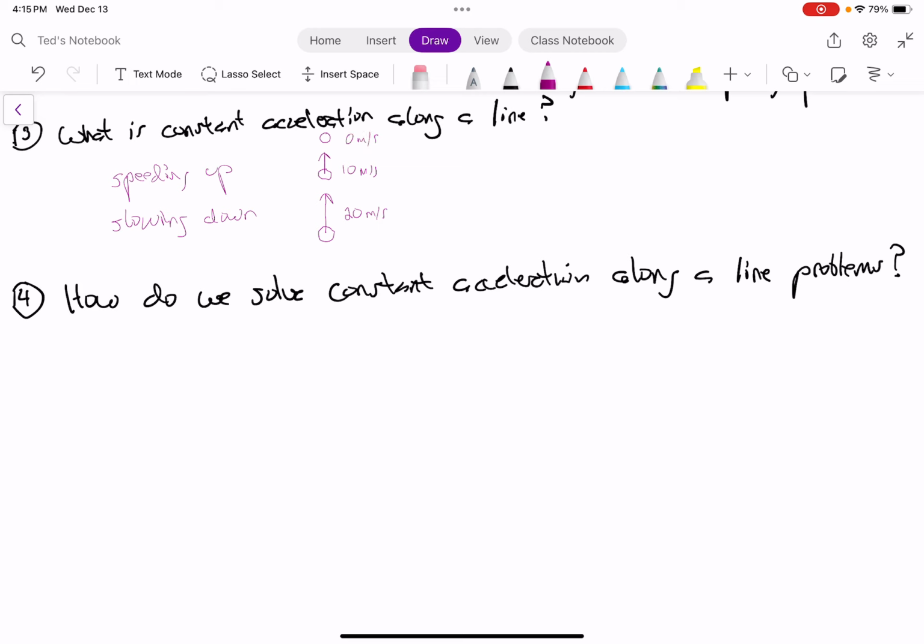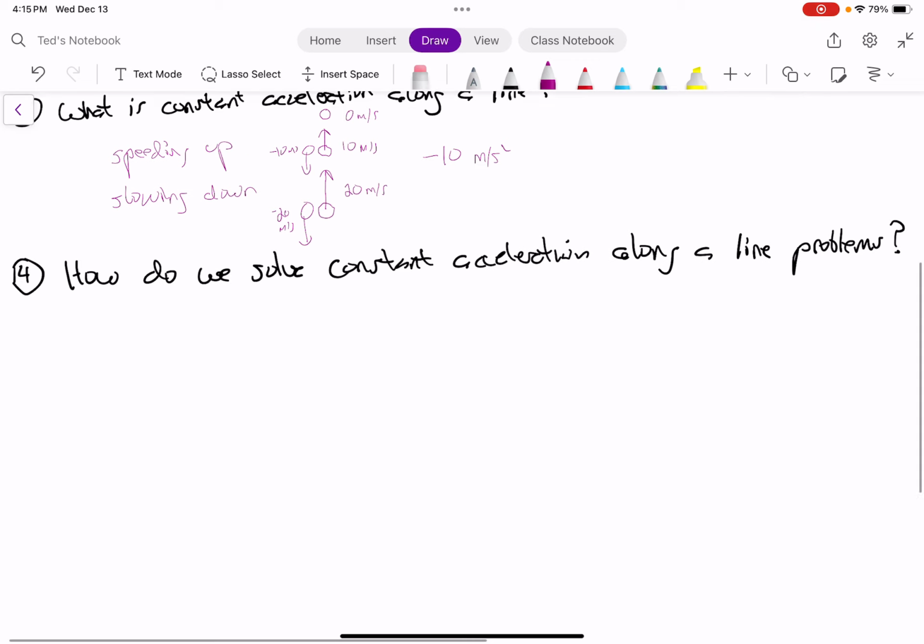But in the next second, it will speed up to negative 10 meters per second. And in the second after that, it'll speed up to negative 20 meters per second. So it slows down first and then it speeds up. But that's still constant acceleration because the acceleration was negative 10 meters per second squared, each second for the whole trip.